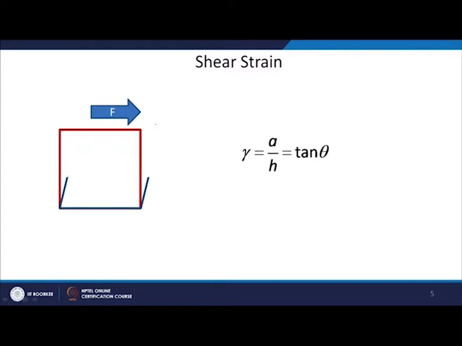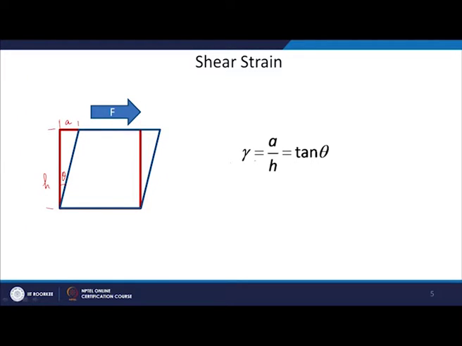Because of that my material is deformed like this. Let us say the height of this sample was h, and this deformation is, let us say, a, and this new edge is making an angle theta with the old edge.